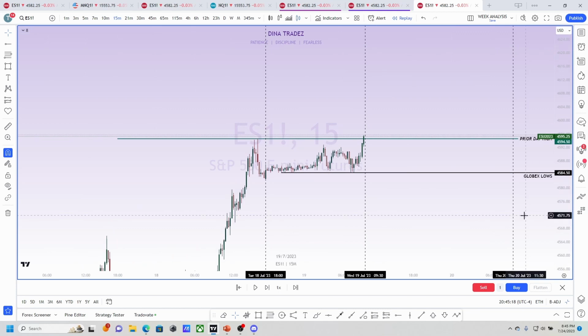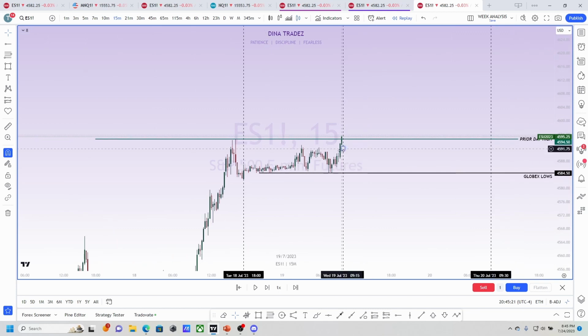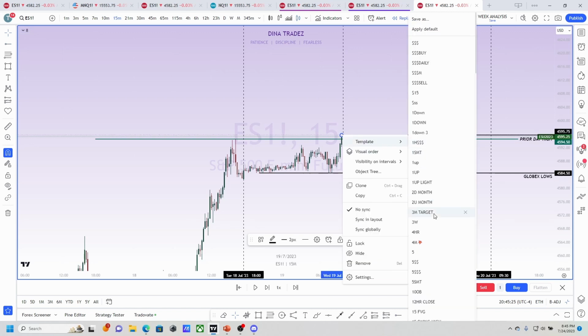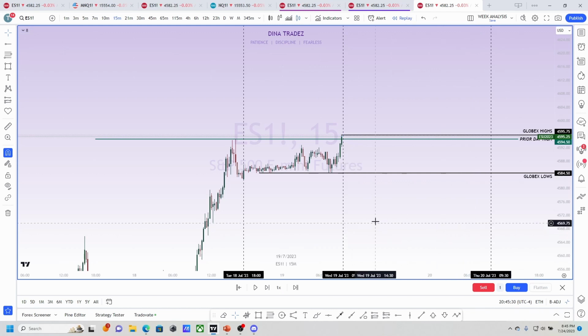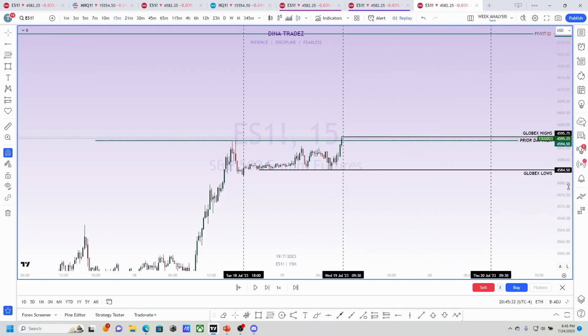And then right before open, this is the opening candle. That would be the high. So we have the low, and then we have prior day high, prior day low.